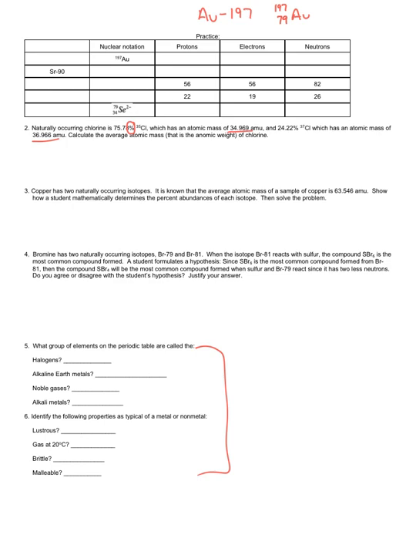The reason we show it like this is that we can easily subtract the atomic number from the mass number, and doing that will give us the number of neutrons. So I know that the number of neutrons in gold 197 is 118 because I'm able to subtract the atomic number from the mass number. Gold 197, its atomic number is 79, and the atomic number is always the number of protons.